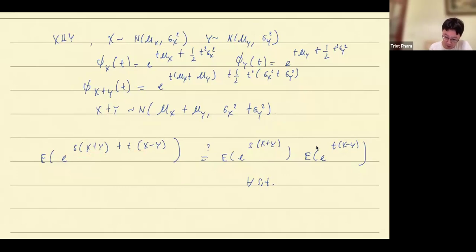So if you look at this expression, this is expectation of e to the (s plus t) times X, and then plus (s minus t) times Y, like that. And then, using the fact that X and Y are independent, we can split this.